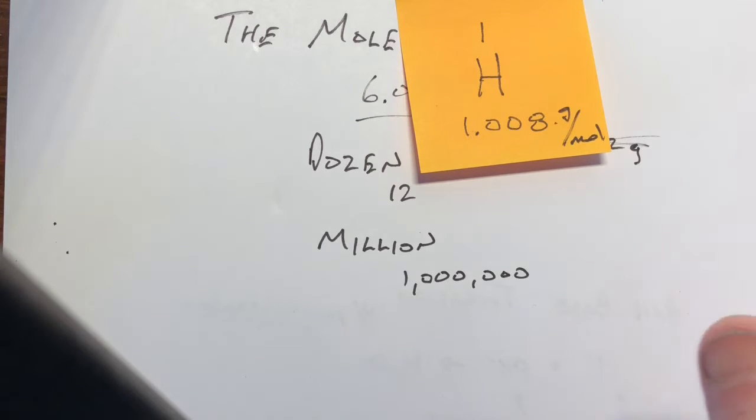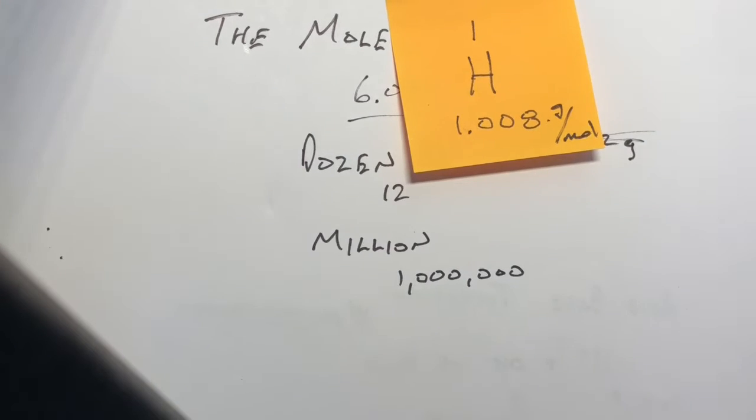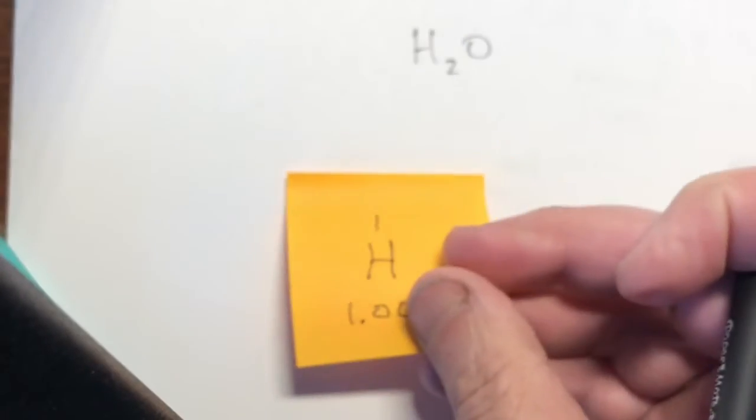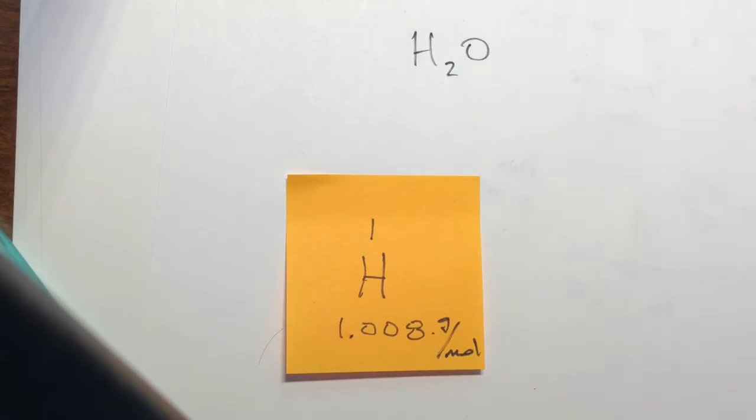In the lab, you were supposed to calculate some percentages, so percent by mass. So let's do a different example. I'm going to look at H2O. H2O has 2 hydrogens and 1 oxygen.